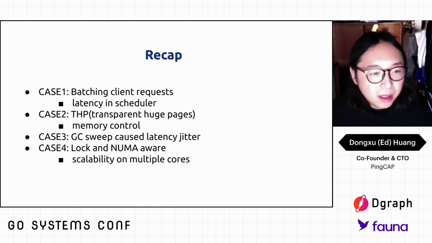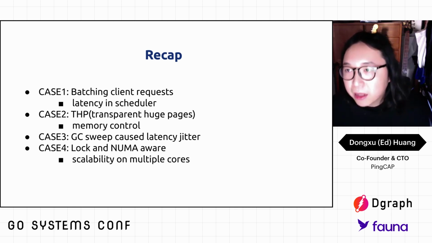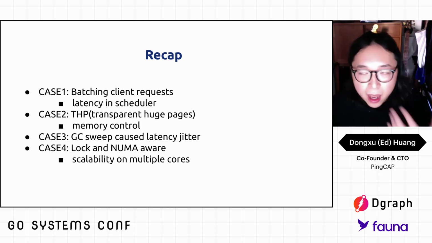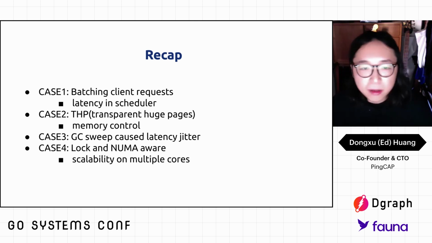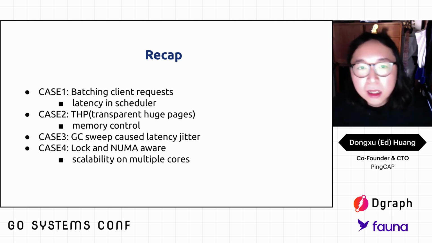Case four is the use of mutexes and locks and NUMA. A better understanding of NUMA architecture may help you get better performance: just bind the cores and separate the process. It is about scalability on machines with multiple cores.